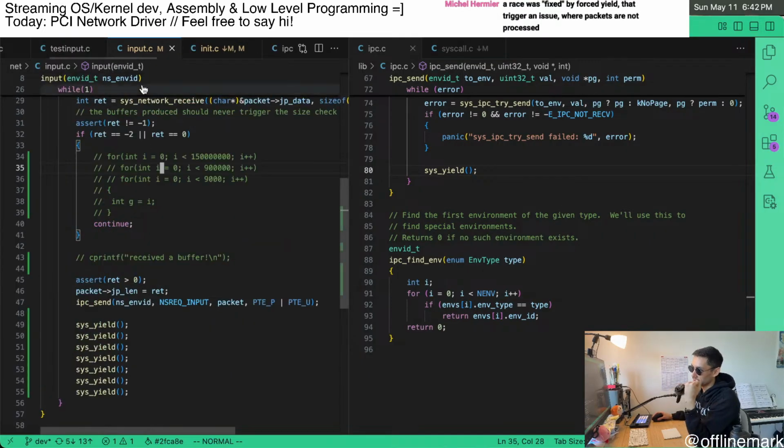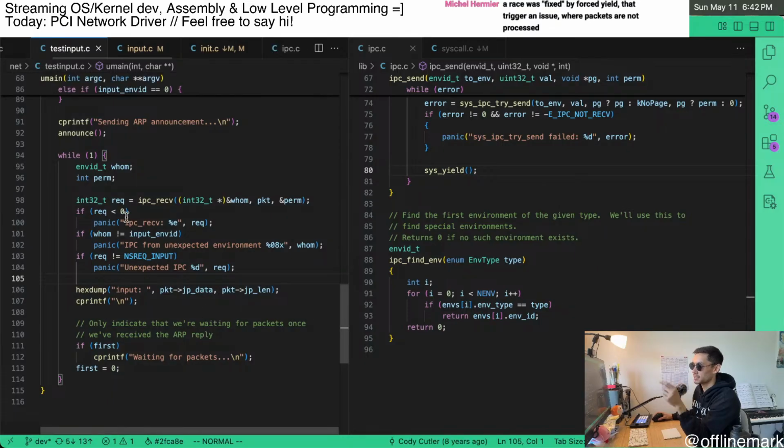What was happening, for mysterious reasons with the scheduler, is that we're writing data in on this side, and for some reason the parent is just not getting the time it needs, and it was missing a packet.